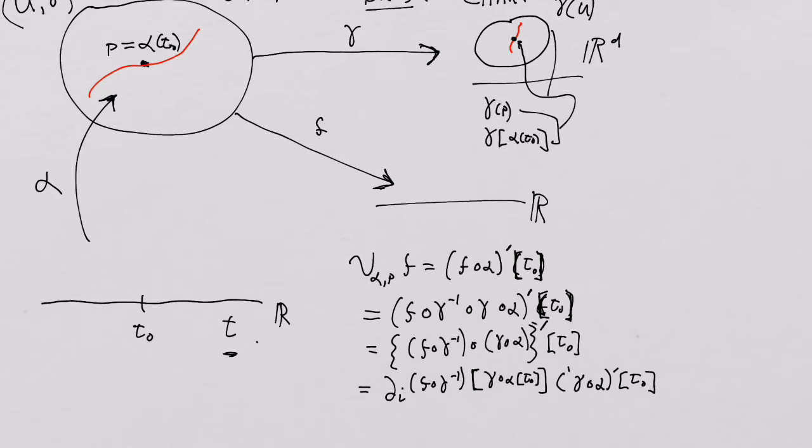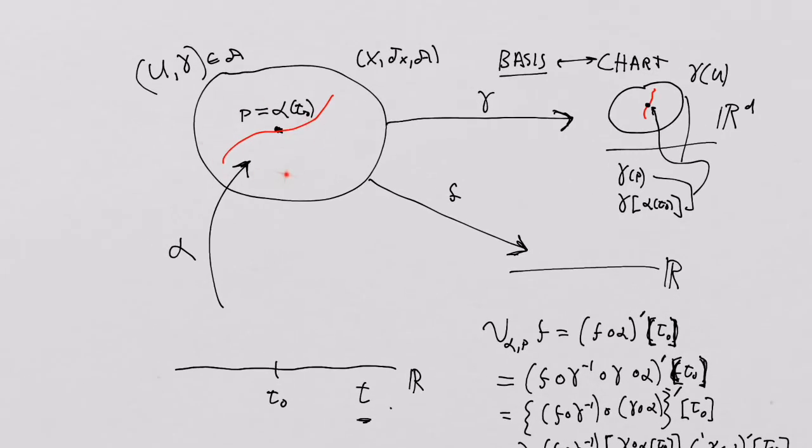And now this is a complication of this guy, right? But the difference between this guy and this guy is that this is relative to a very specific chart, right? We're using the fact that we're dealing with a differentiable manifold here, right?